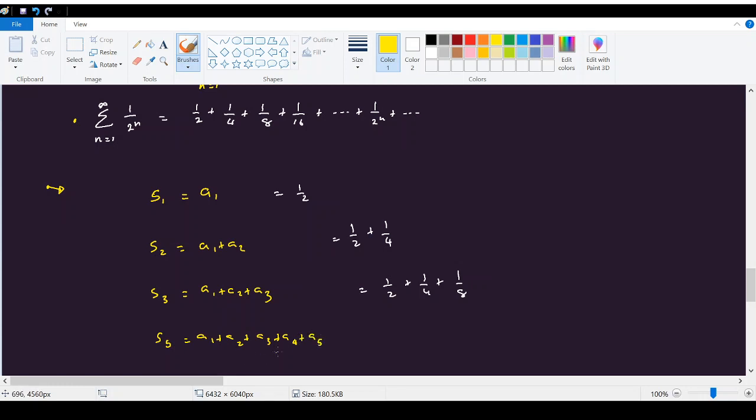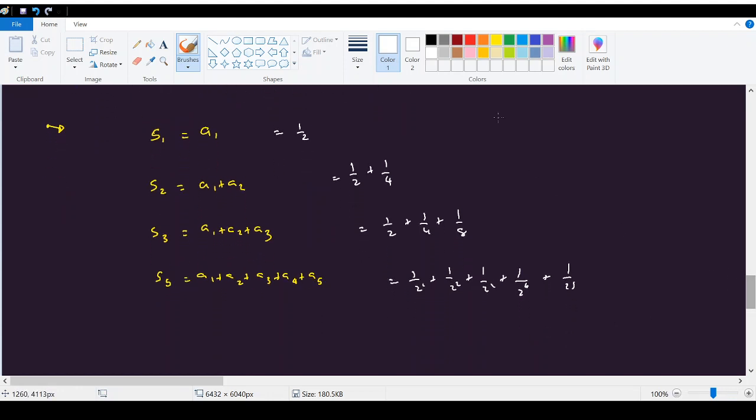In this specific example, what we have is 2 to the power 1, 2 to the power 2, 2 to the power 3, 2 to the power 4, up to 2 to the power 5, because these are the addition of the first 5 terms. And how about S10? S10 will be the addition of the first 10 terms, so in this example you will add from the first term to the 10th term.